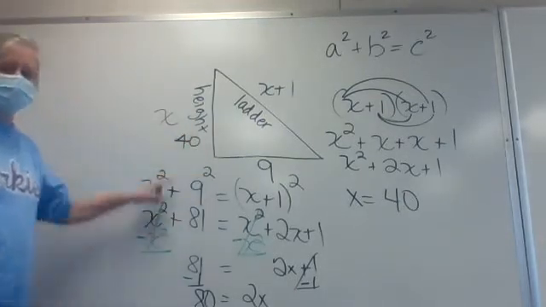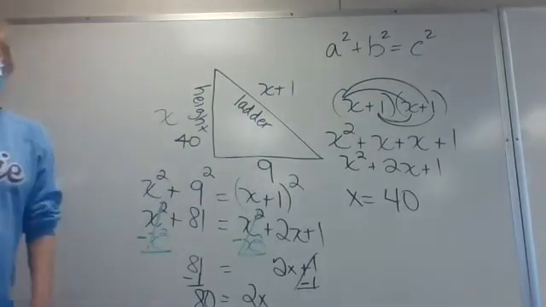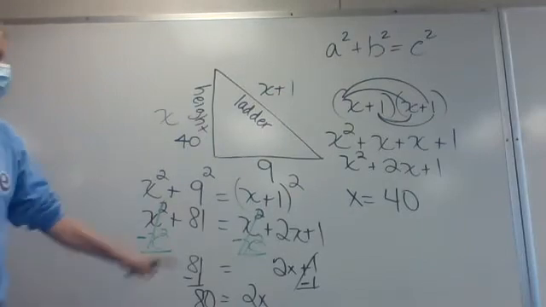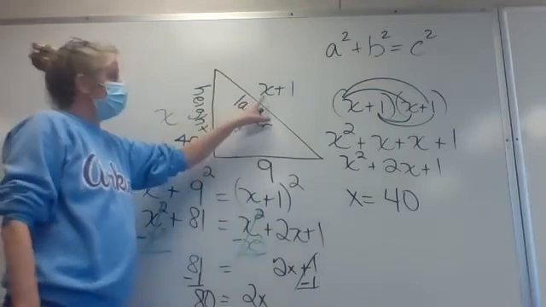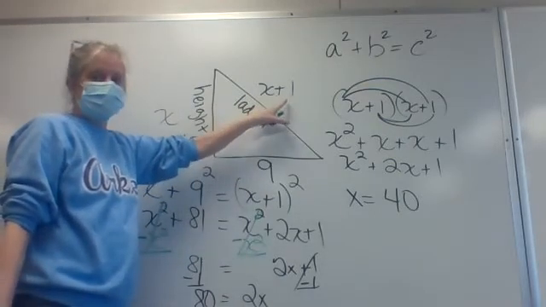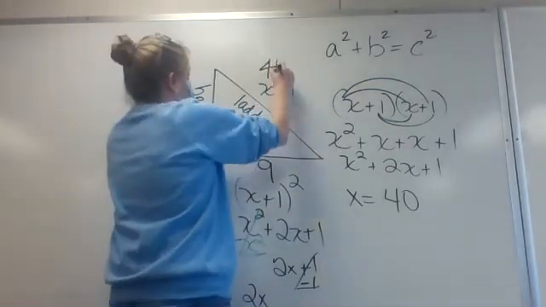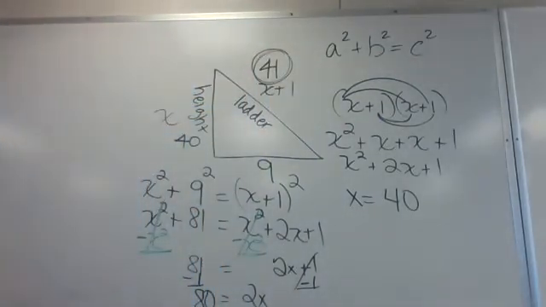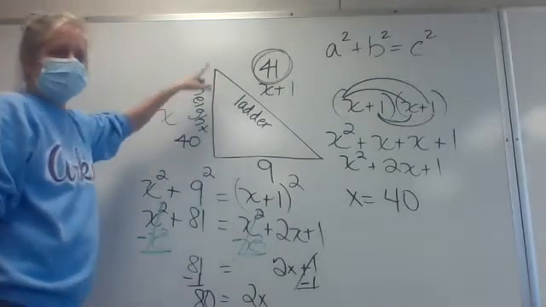That's your x. The only question it's going to ask me, though, is what is the length of the ladder, which is this side. So x, which is 40, plus 1 is 41. So your only solution to the question that's being asked is that 41. It doesn't ask me what the height is.